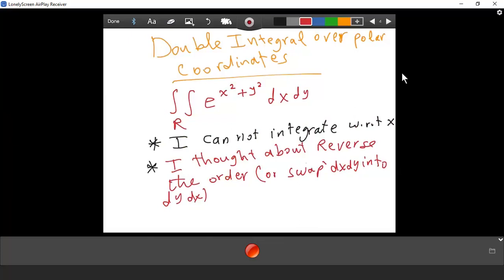What do you have now? You have the same problem, right? What is the problem? I cannot integrate with respect to y either. So I have the same problem with integrating with respect to y.